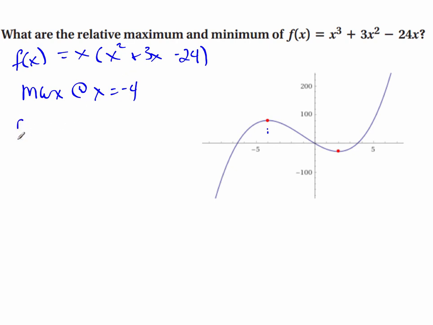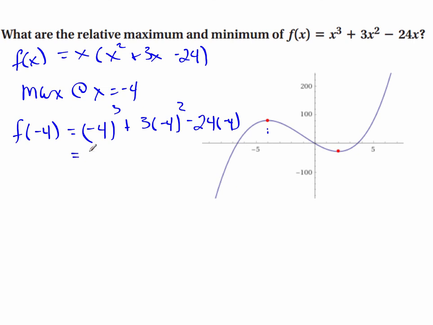And when I substitute this into the equation, I'm going to get 80. So I have a maximum at -4, 80.